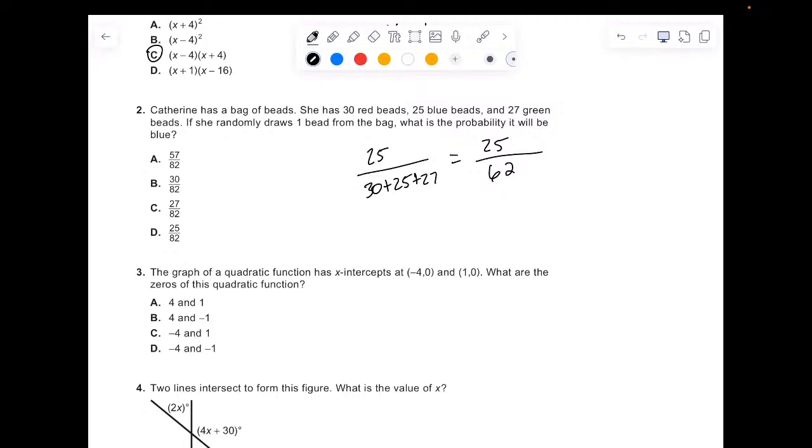Addition's alright, but subtraction is terrible. 30 plus 25 is 55, plus 27 is 65, 75. Goodness gracious. This should just show that you don't actually have to be really good at math, or fast at math, to do well. It's 82. Yep. And now that is D.